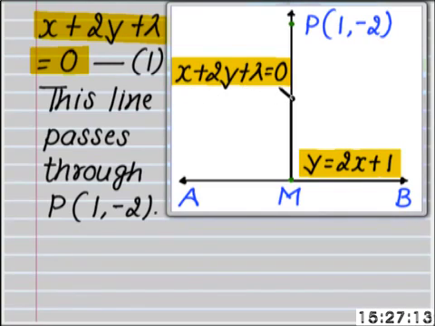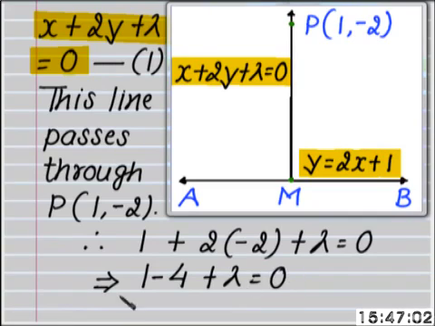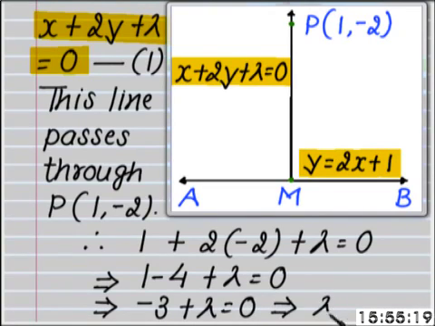So therefore 1 plus 2 into minus 2 plus lambda is equal to 0 implies that 1 minus 4 plus lambda is equal to 0 further implies minus 3 plus lambda is equal to 0 implies that lambda is equal to 3.